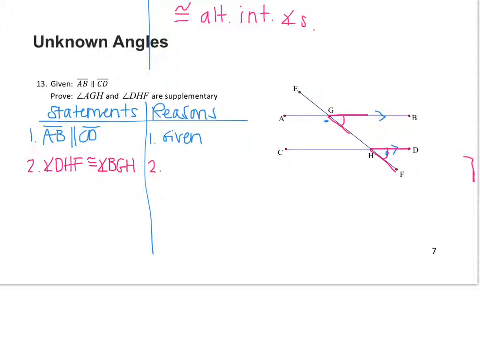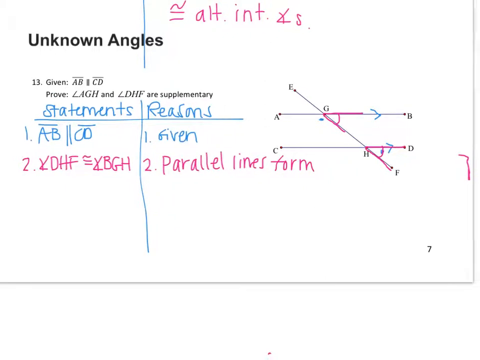Think for a second what type of angles they are. Corresponding, alternate interior, alternate exterior, or same side interior. We can start our reason with parallel lines form. And now we have to remember that these are corresponding angles.